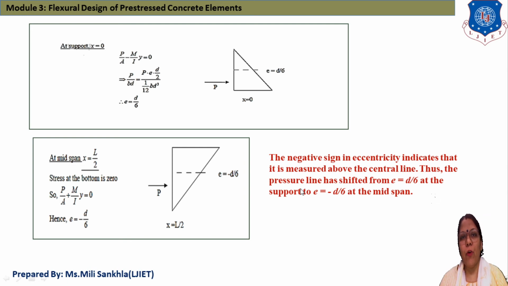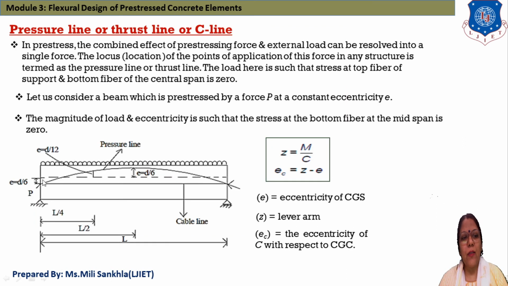Now what is the meaning of this eccentricity? A negative sign in eccentricity indicates that it is measured above the center line, and a positive sign indicates that the eccentricity is below. Now this one is the central line of our thrust line or pressure line, and above this central line eccentricity e is equal to minus D by 6, and below the central line, e is equal to D by 6, that is our positive.